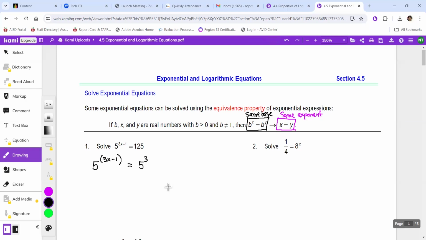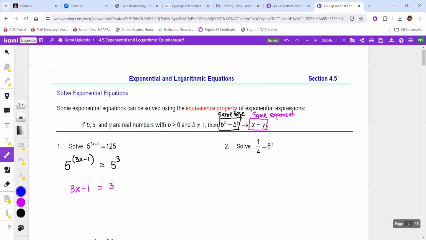Okay, so now we do have the same base, right? So now we can conclude that they will have the same exponent. The exponent on the left hand side is 3x minus 1, the exponent on the right hand side is 3. So now we can solve this exponential equation so easily, right?